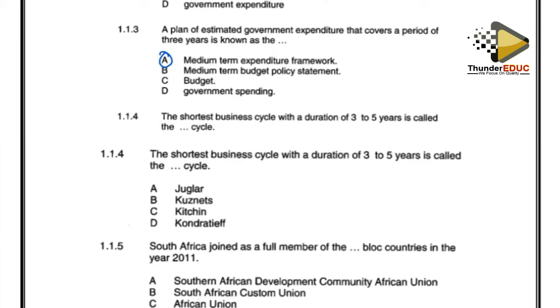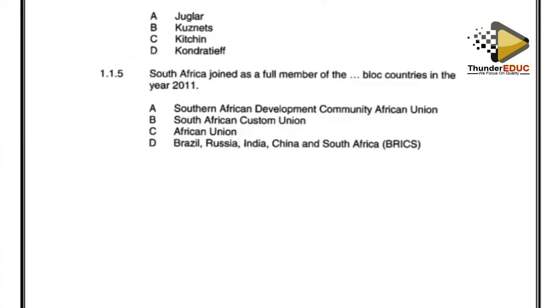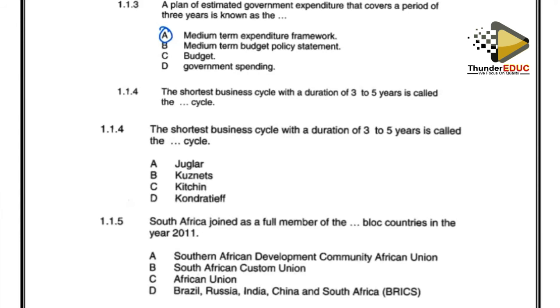Now 1.1.4 reads as follows: the shortest business cycle with a duration of 3 to 5 years is called the what cycle? That is nothing but Kitchin. Remember, we have different types of business cycles, and they differ from one another when it comes to time frame in terms of years.